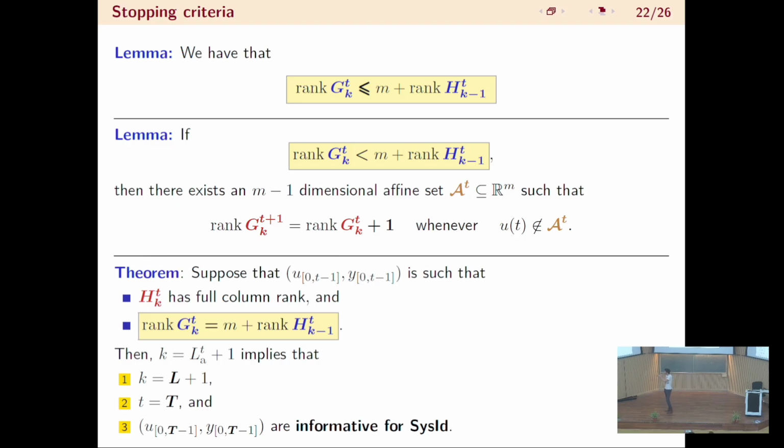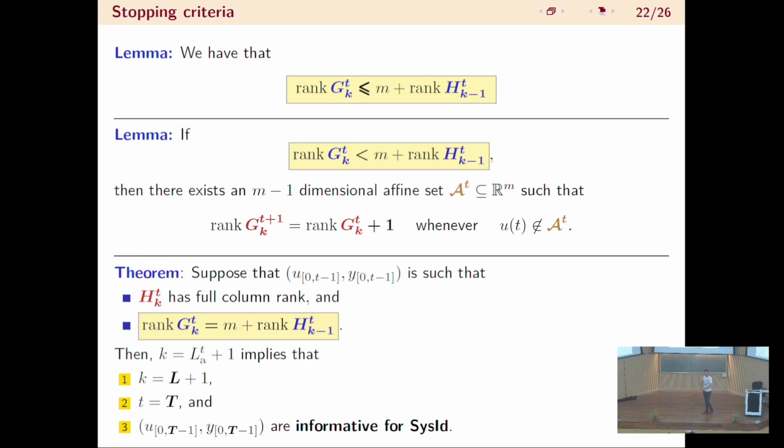So if we have that k is equal to L_A plus 1, then let's have a look what happens. Then the depth k is exactly the right depth, L plus 1, the number of samples is exactly equal to the minimum number of samples that I need for system identification, and the input-output data are informative for system identification.